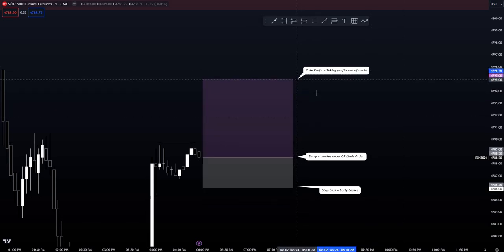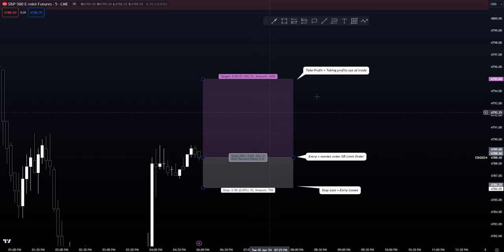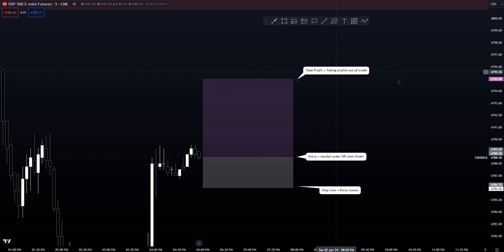You're exiting out of the trade with whatever money you made, when you're in profit, that means you're making money. You set a price point, and when the market hits this price point, you get tagged out of the trade and you're done. You're finished with the trading day and you're in profit for the day. That's basically what a take profit is.